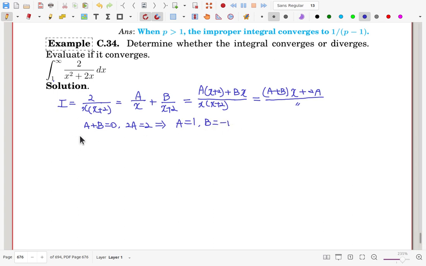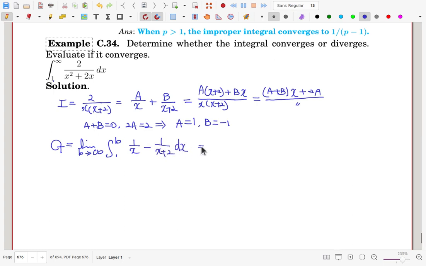So the given integral can be written as the limit as b approaches infinity from 1 to b. Now, we rewrite this by using these partial fractions: 1 over x minus 1 over x plus 2 dx.